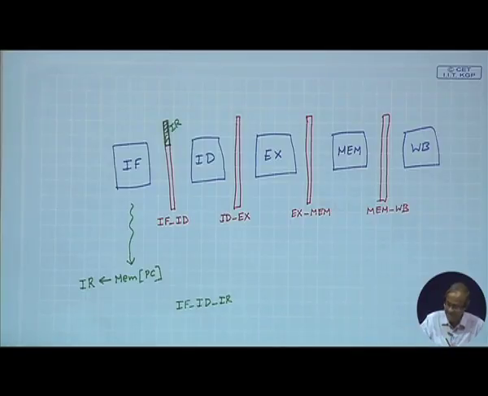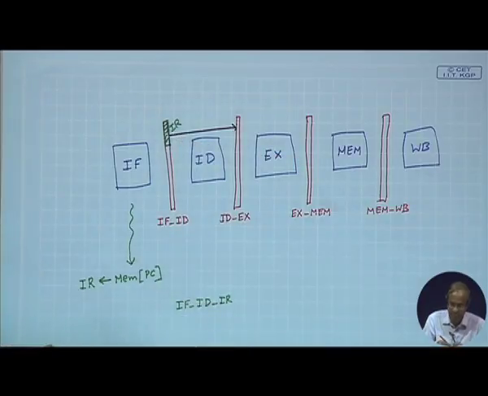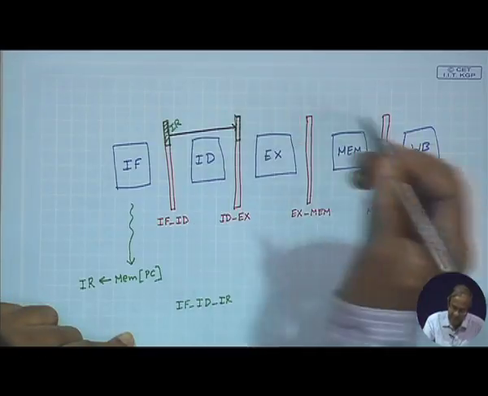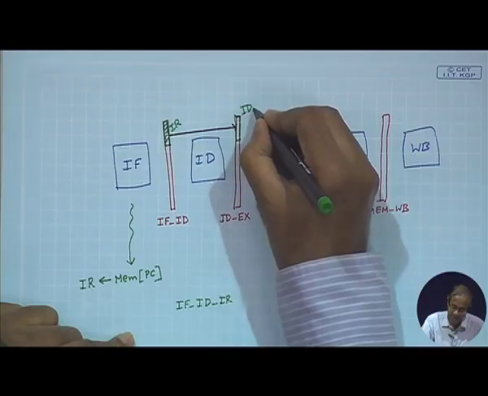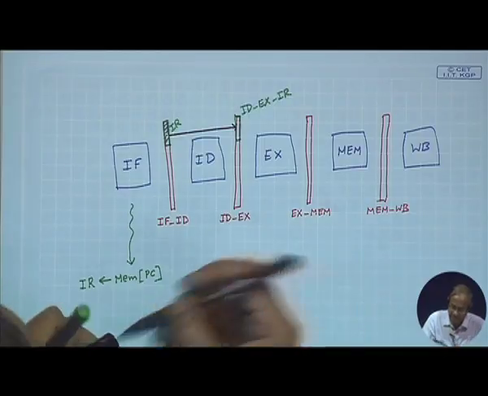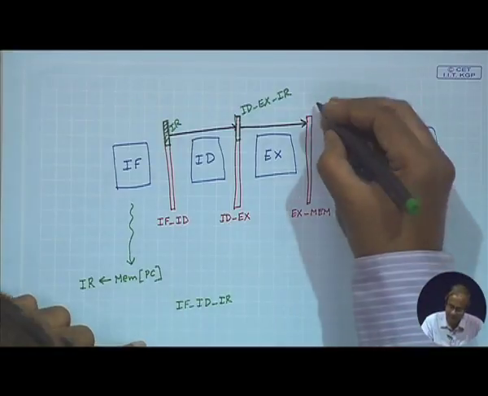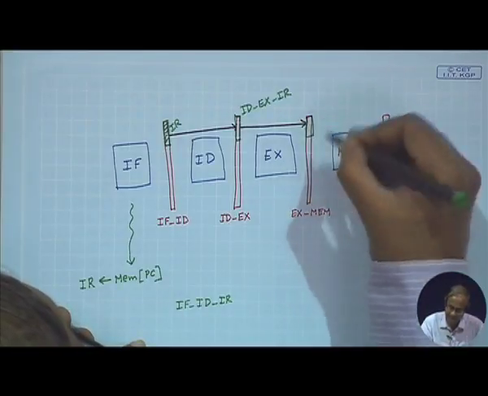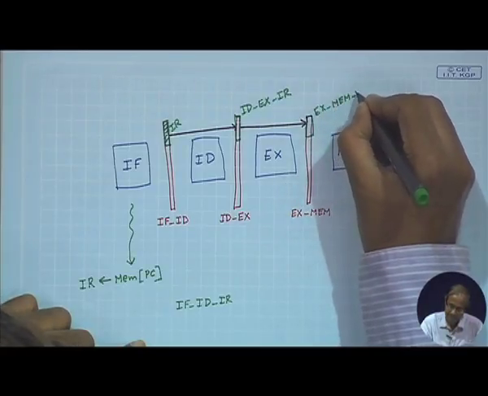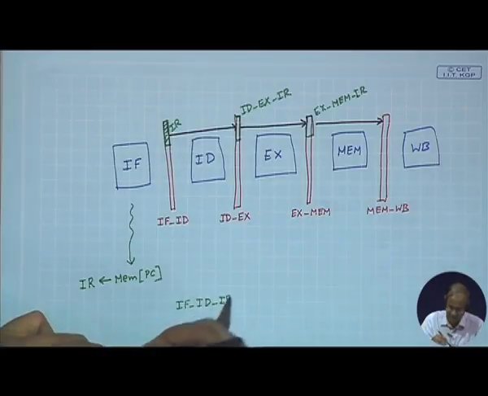And in case this register is also forwarded here, let us say maybe this IR will be required later also. So, here also there will be an IR, and this IR we will be calling ID underscore EX underscore IR, and this same IR we will also be forwarding here. So, there will be an IR register here, we will be calling it EX mem IR, and again this will also be forwarded here.